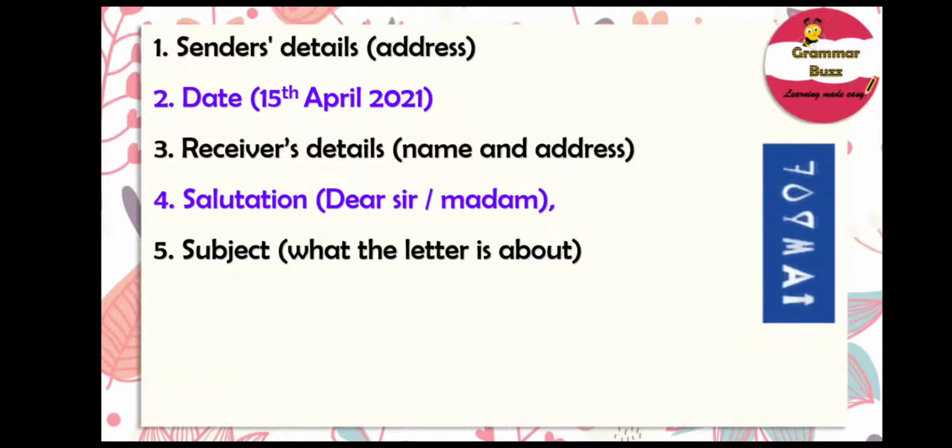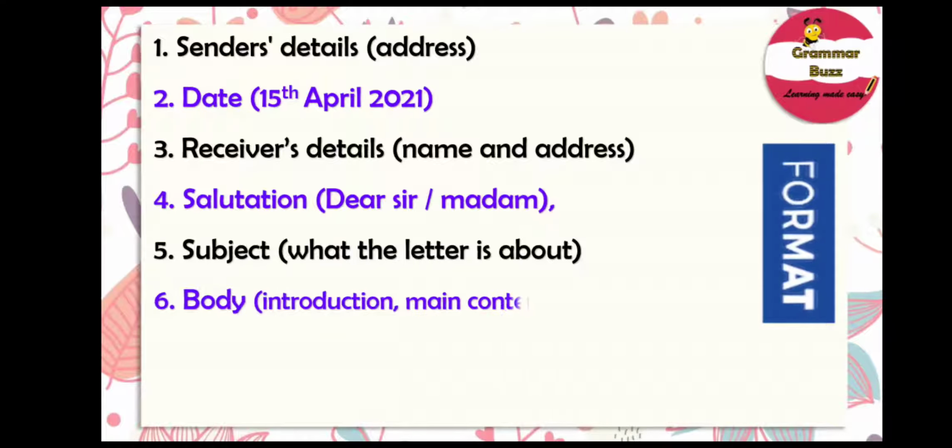Sixth is the main body of the letter. Now, the body of the letter is written in paragraphs, where the first paragraph is the introduction, the second paragraph is the main content of the letter, and the third paragraph is the concluding paragraph. The main content has all the necessary details.